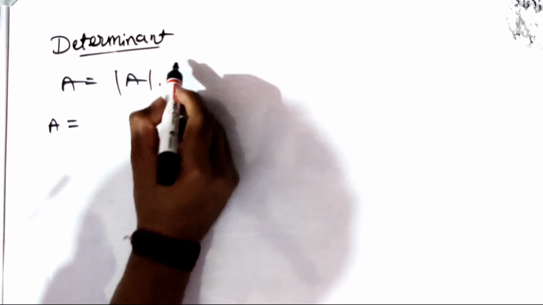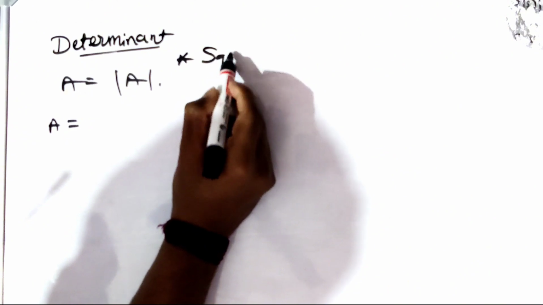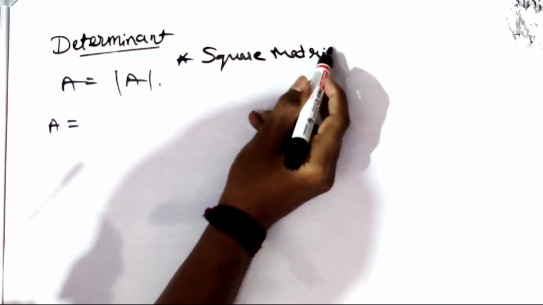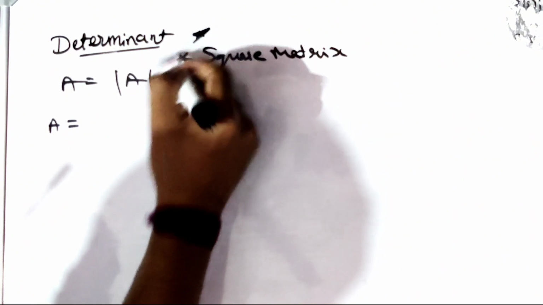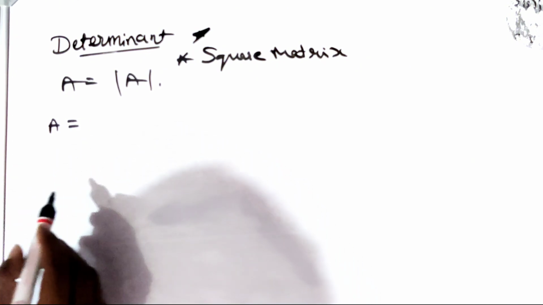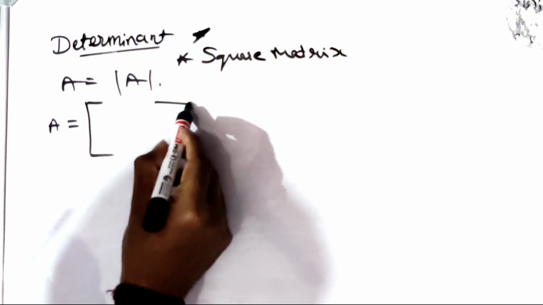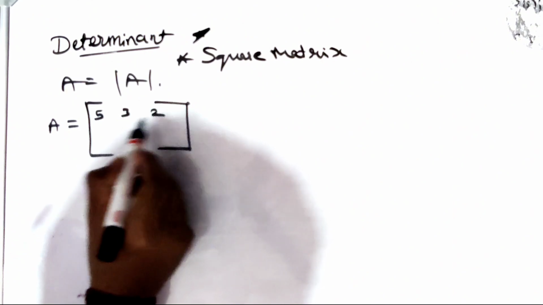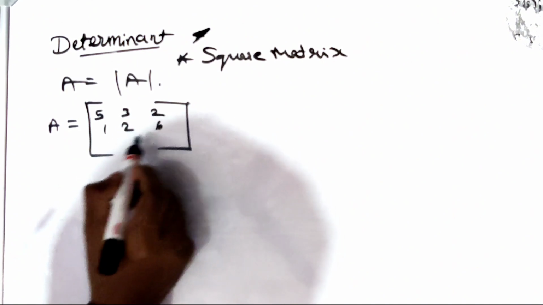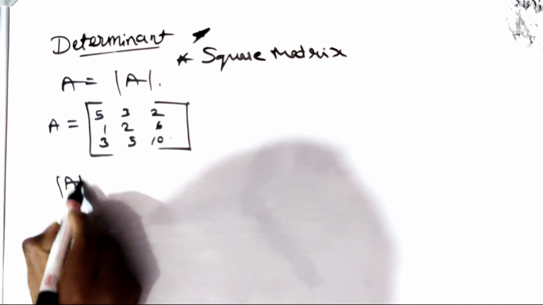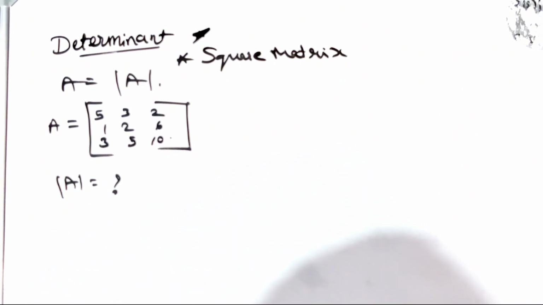For finding the determinant, it should always be a square matrix. So the matrix A is given by 5, 3, 2; 1, 2, 6; 3, 5, 10. We have to find the determinant of this matrix.